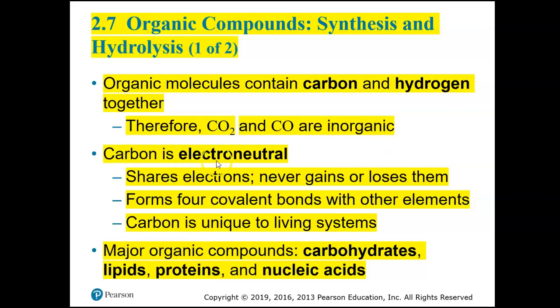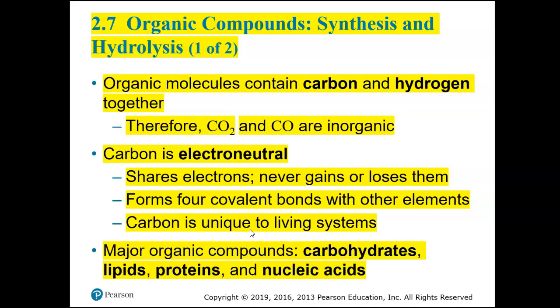Carbon is electroneutral. What that means is that it always shares electrons. It never gains or loses electrons. Because it has 4 valence electrons, or 4 electrons in its outer shell, it can form 4 covalent bonds with other elements. That makes carbon very unique.